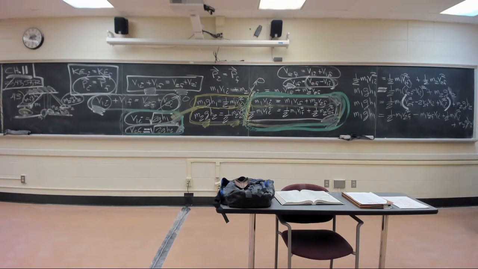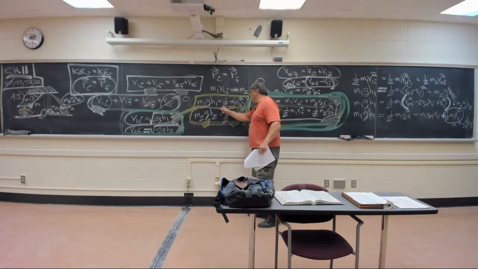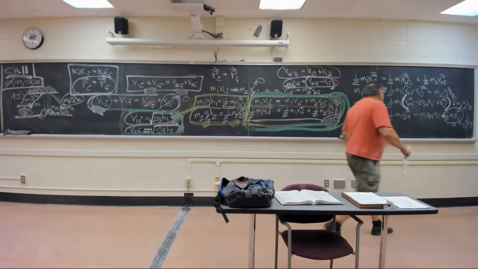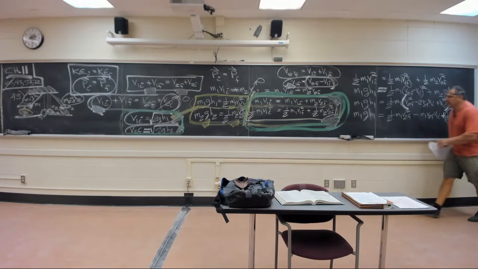In fact, I'd like to circle that. 1/2 M1 V1I squared is M1 GH1. This right here is equal to M1 GH1.